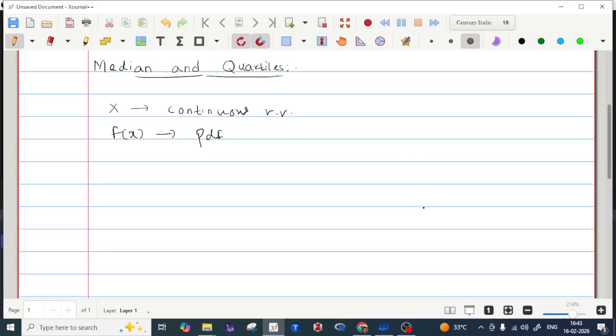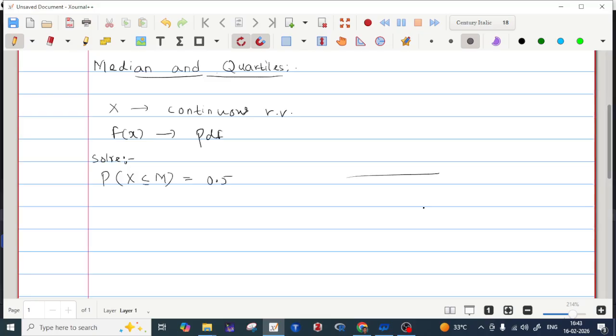Then the median is obtained as follows. What is median? Median is nothing but the middlemost observation. If you solve the probability of X less than or equal to capital M equals 0.5.